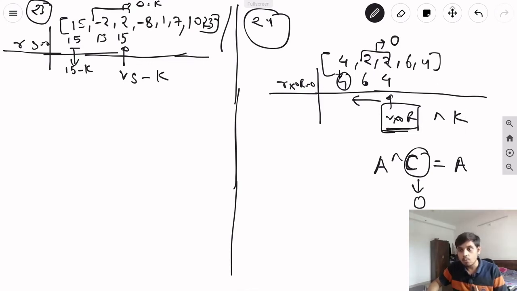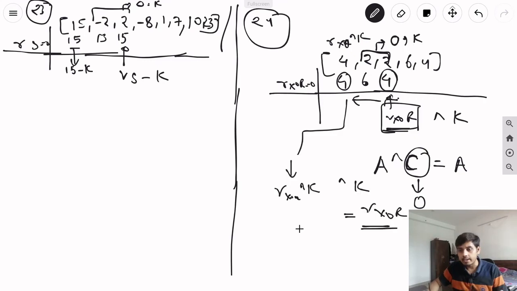So when we find r XOR k previously, and the current value of the running XOR is just r, then it would mean that the XOR of the subarray elements is k, right?